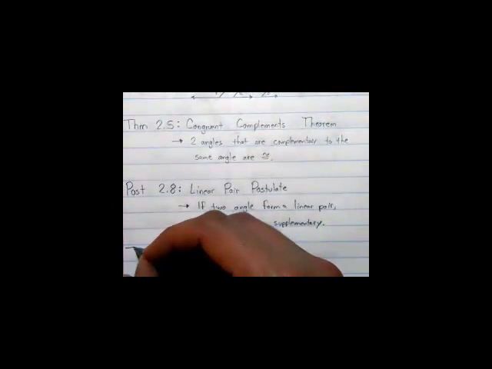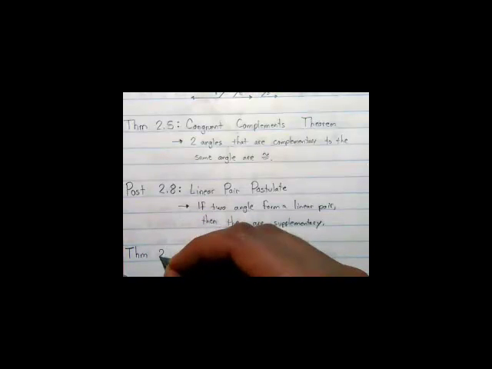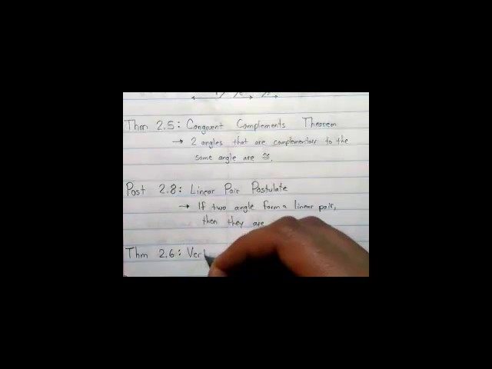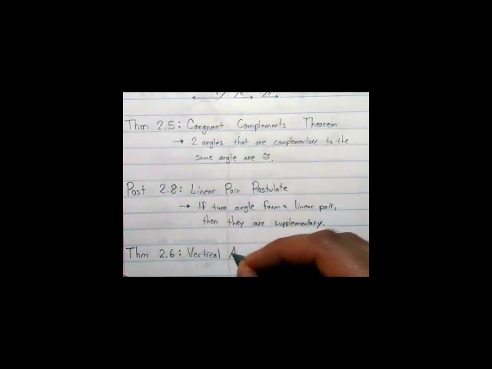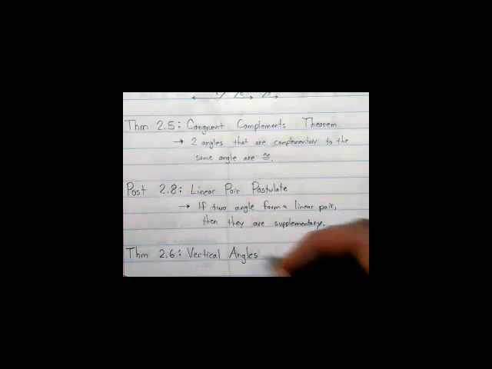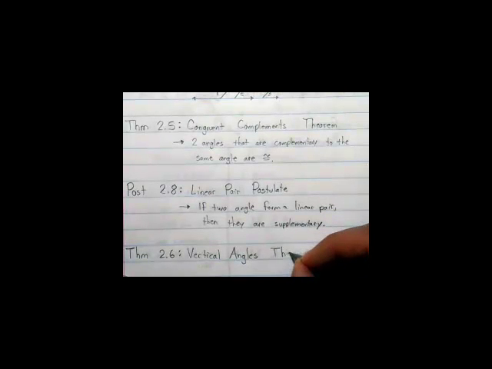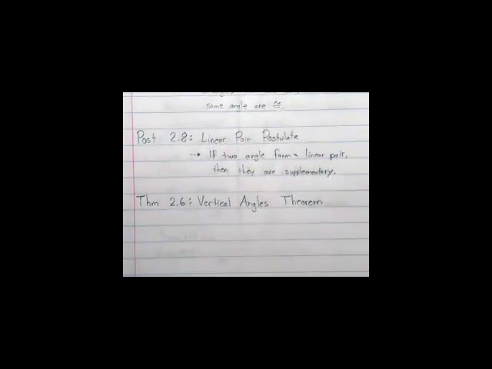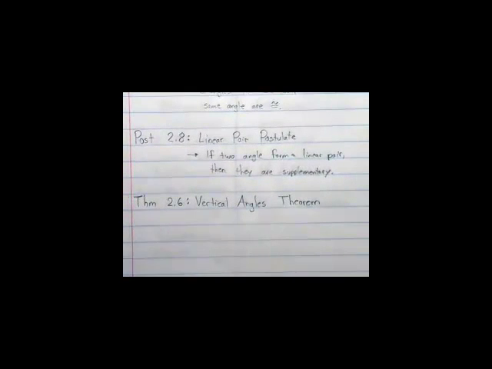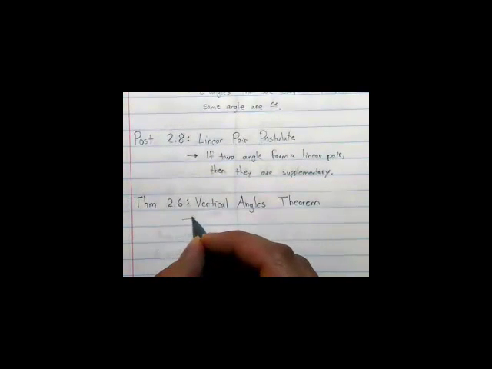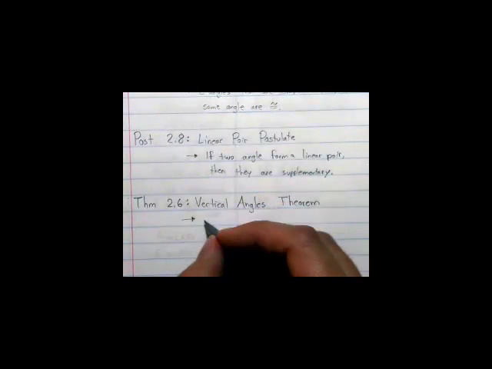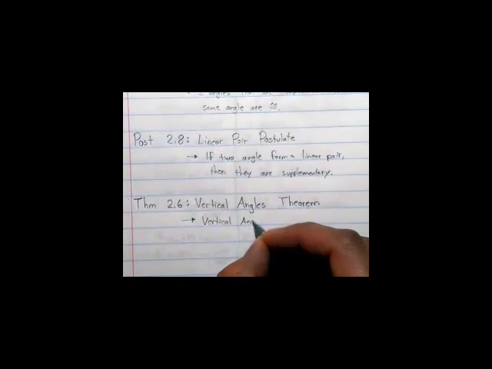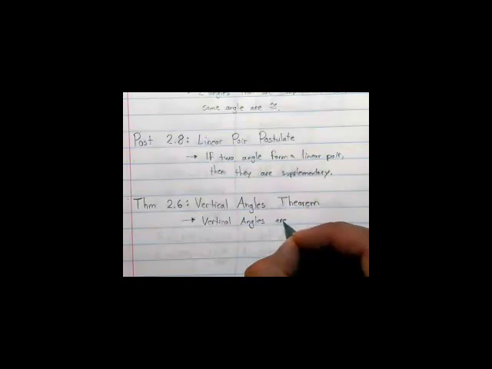And then theorem 2.6. This one we'll use quite a bit. This is the vertical angles theorem. And this one simply states what we already know about vertical angles, but now here's a way that we can use it in proofs: vertical angles are congruent.